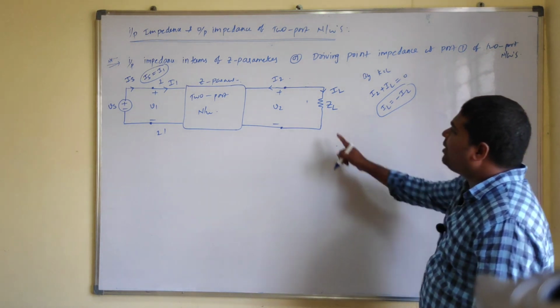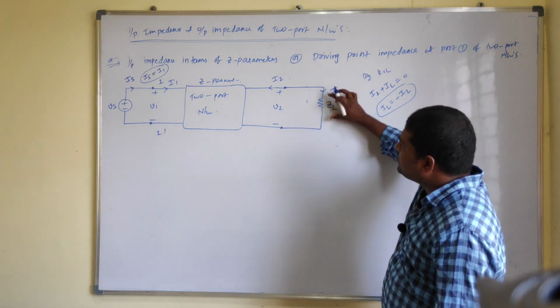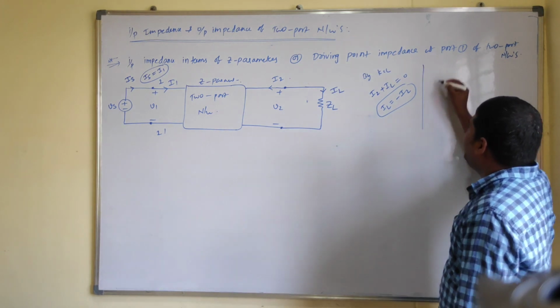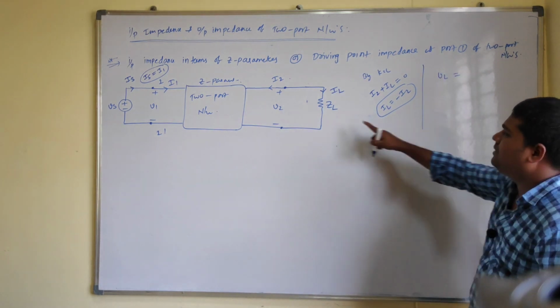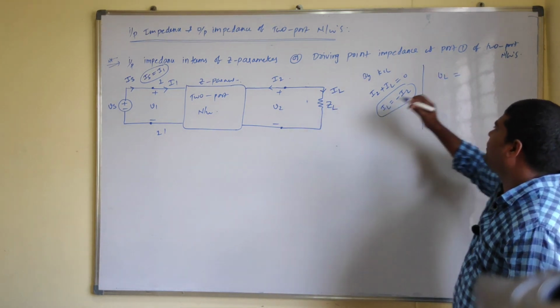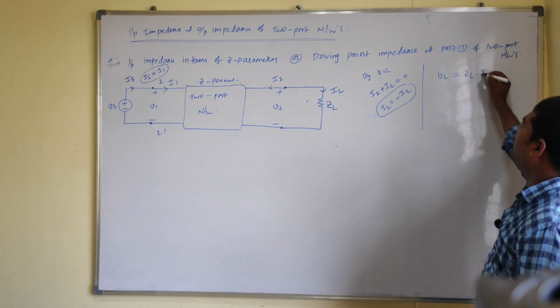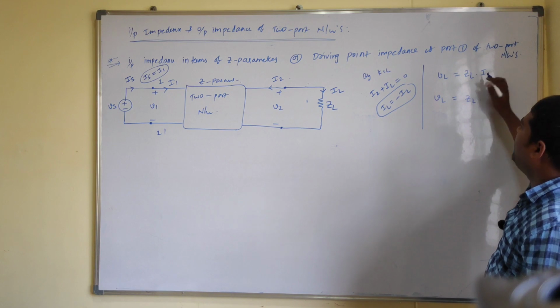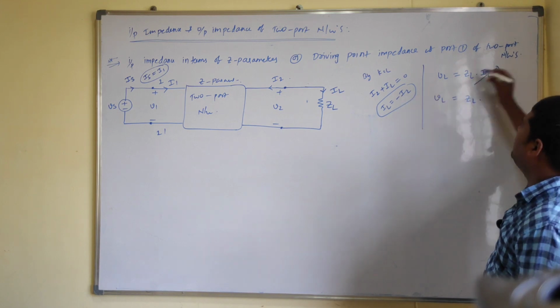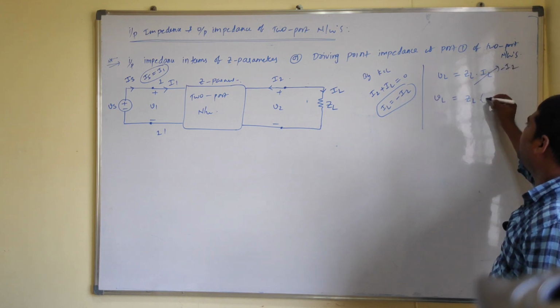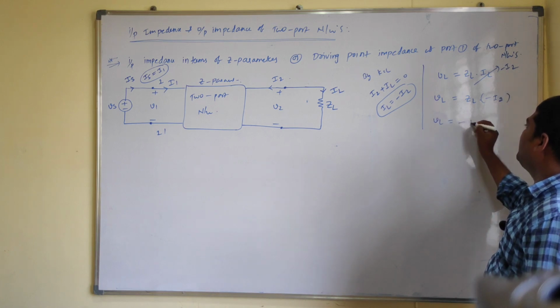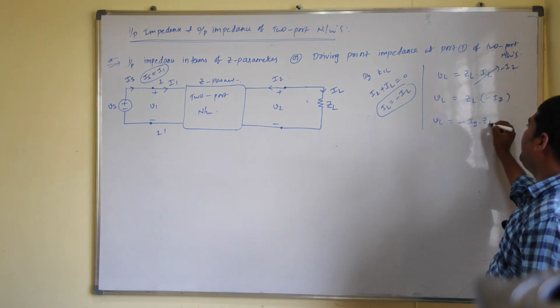Now the voltage drop across this particular load impedance, VL, equals ZL into this amount of current, so ZL into IL, where IL equals minus I2. So VL equals minus I2 into ZL.